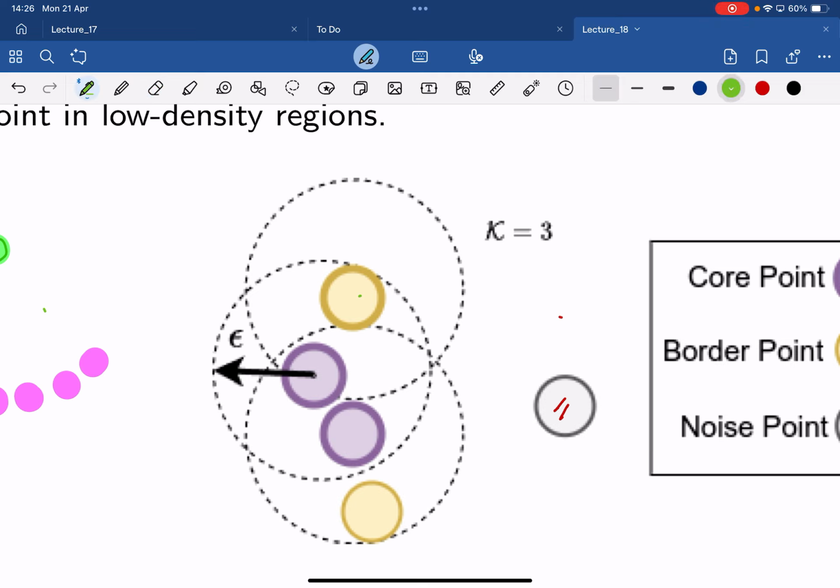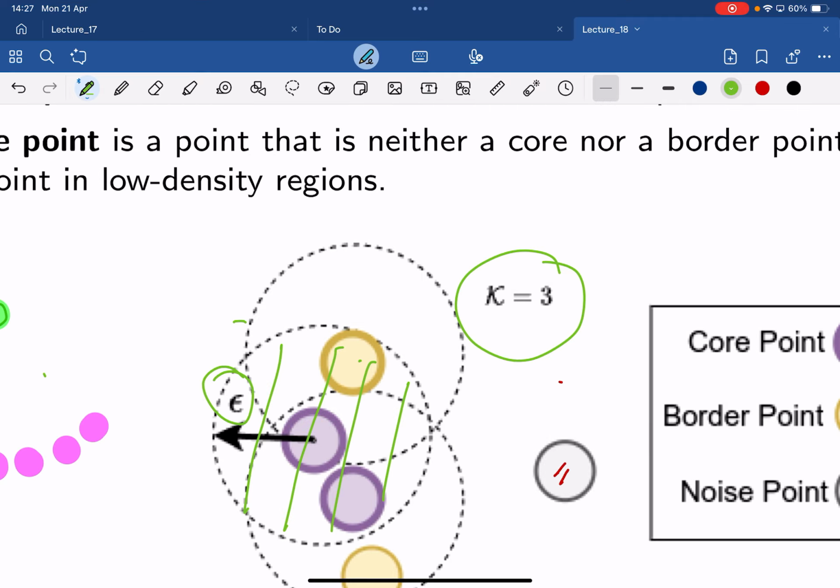That density is the number of points that we predefine: if you have this minimum number of points or higher, then that area should be dense, and whatever points have that feature are core points.